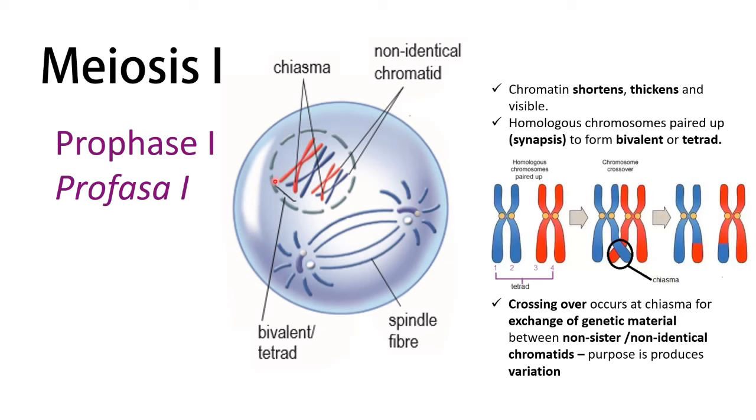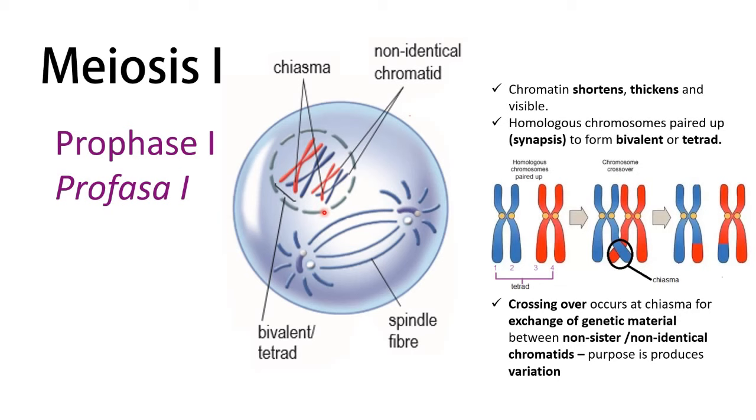Then the other events happen, that is the nuclear membrane disintegrates and the nucleus disappears. The two centrioles move to the opposite poles of the cell and spindle fibers start to form. Okay, before we proceed to the next phase, that is metaphase 1, I want you to look at the number of chromosomes in this cell.